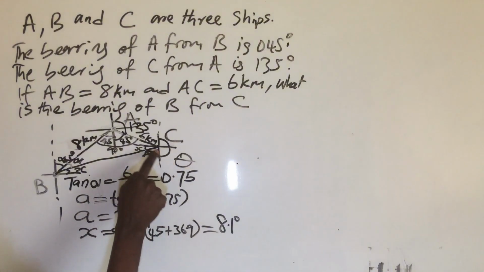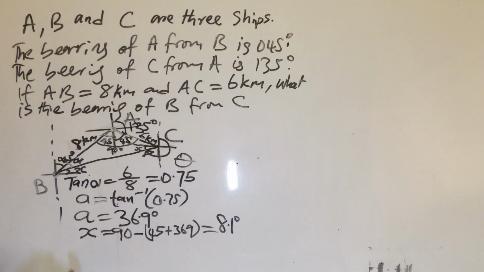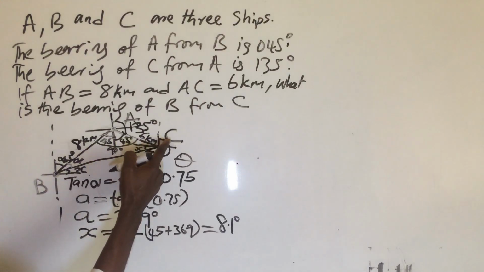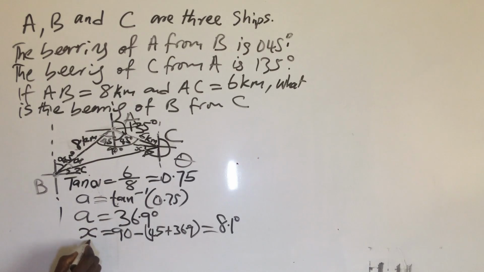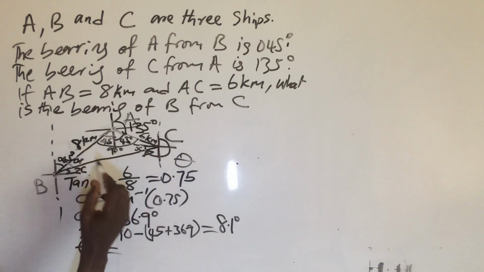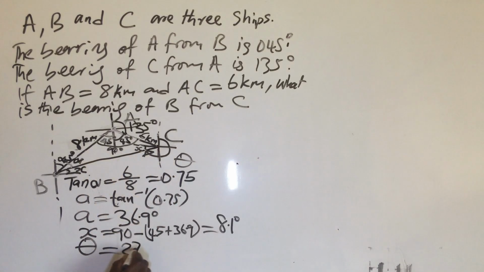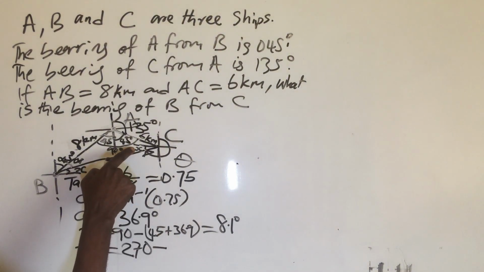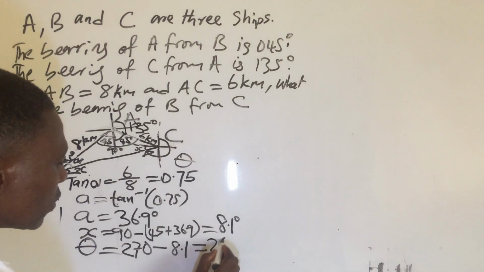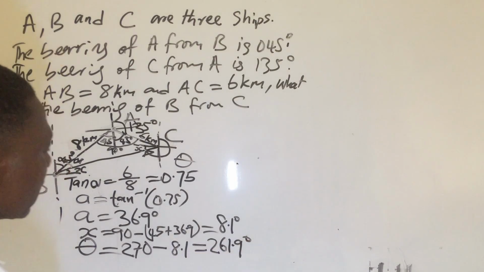Therefore, the bearing of B from C, which we name theta, is equal to, from here to touch this line, 270 minus x, which is 8.1, equals 261.9 degrees.